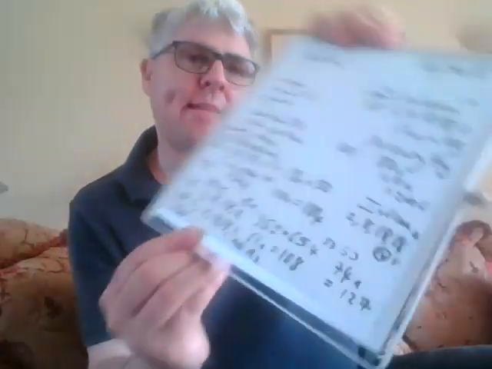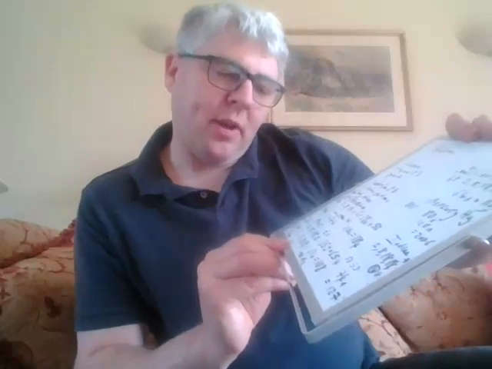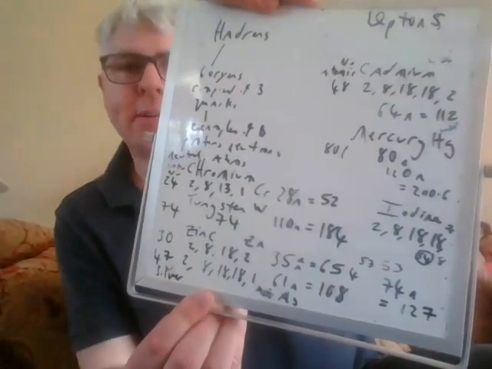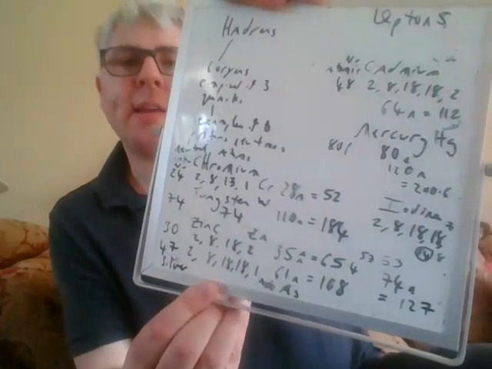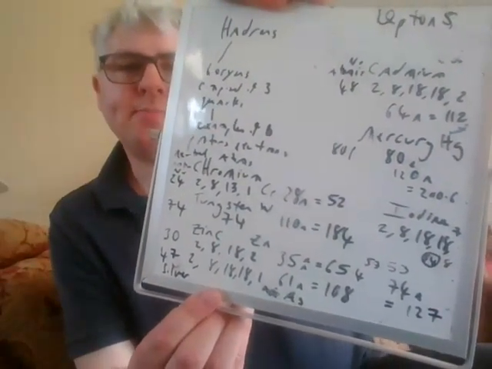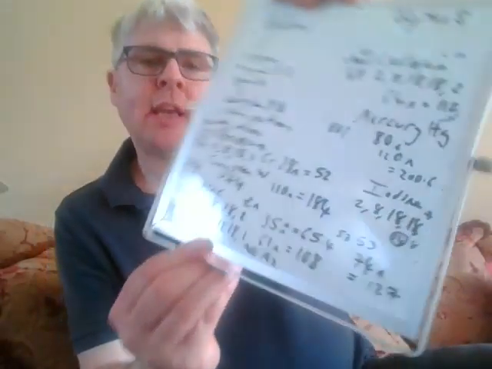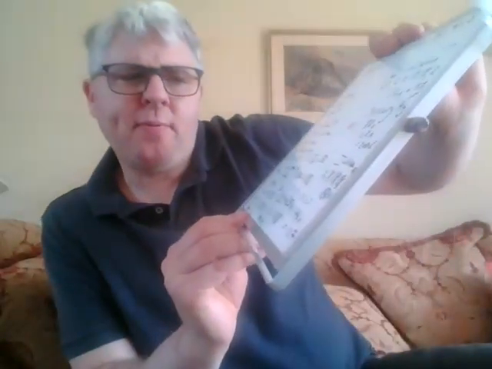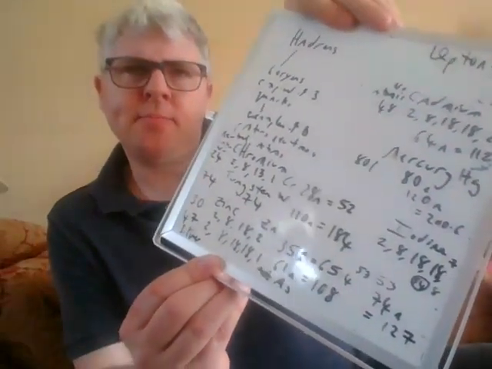I've got zinc here, and Zn is the chemical symbol. The atomic number is 30, with the same number of electrons, in 4 energy levels for the zinc atom, and 35 neutrons gives it a relative atomic mass number of 65.4.